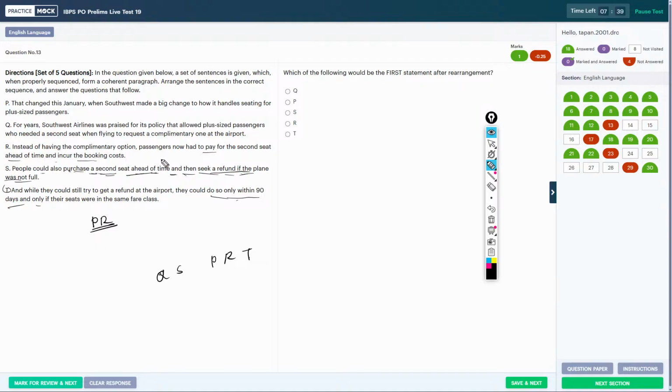What happened is that instead of complimentary, they had to pay for the second seat ahead of time in the booking cost. And while they could still try to get a refund, they could do it only within 90 days if in the same class. Makes sense. So Q to start with, second one S, third one P, fourth one R, and fifth one T.